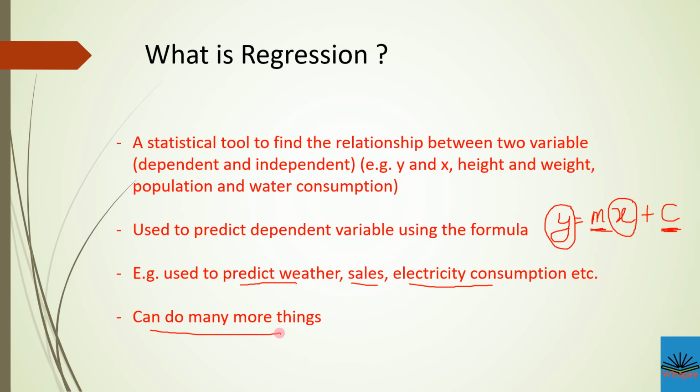So I'll give you a brief example again. Let's have a closer look. So this is the x variable and this is the y variable, and this is the population of any city, and this is the water consumption, and this is 0, and this is 10,000, 20,000, 30,000, something like that.